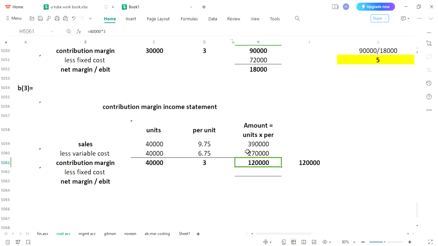Same amount you can see we have calculated. So you can calculate contribution margin by taking the difference of sale and variable cost, or by multiplying units by per unit CM. Both options are correct. We have already calculated 120,000. The second option was just to let you understand, so it is unnecessary to write it over here.